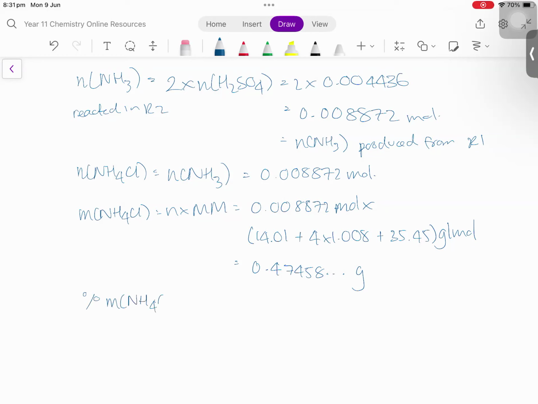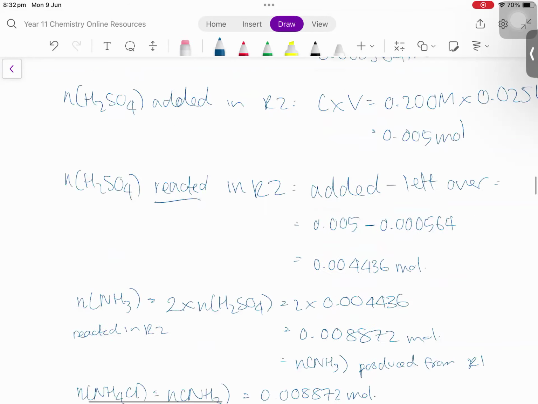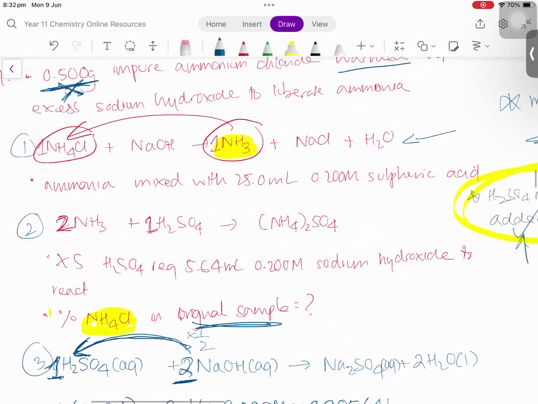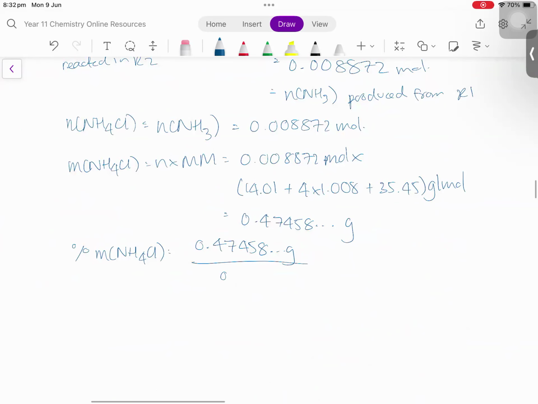And then if you're going to do percentage, you do smaller number divided by bigger number. And then what do you times it by to turn something into a percentage? The mass was 0.5. You times it by 100. Yes. Okay, what's our answer? 94.916 percent.